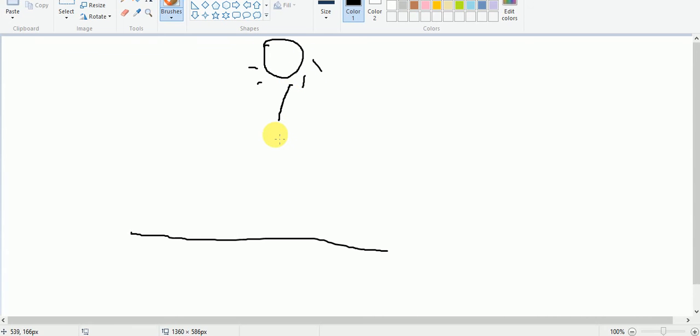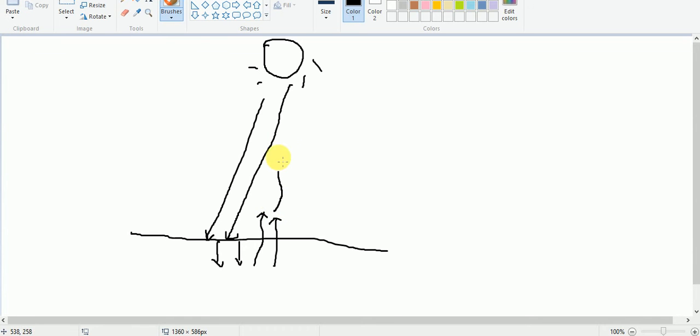The sun's rays will strike the surface of the earth, and this heat will be absorbed by the surface, and again it will be radiated back into the atmosphere.